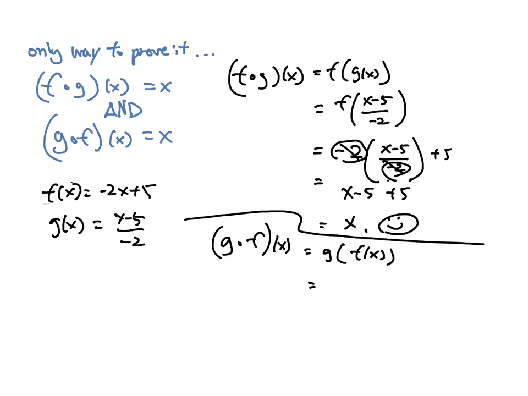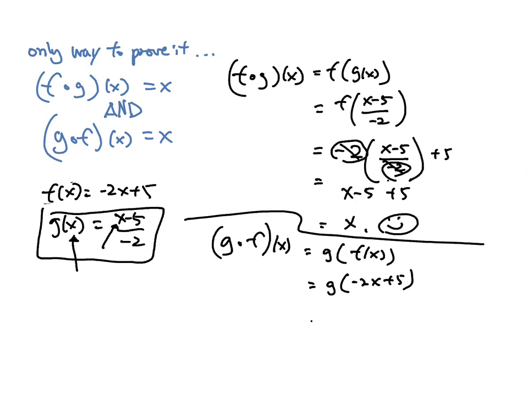The entire quantity, negative 2x plus 5, gets put in here. Alright, so now I have g of negative 2x plus 5. So go back and look at my function g. Again, whatever goes in here goes in here. So this is negative 2x plus 5 minus 5, all over negative 2.